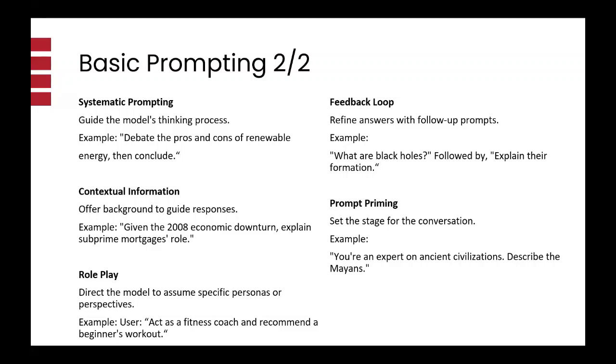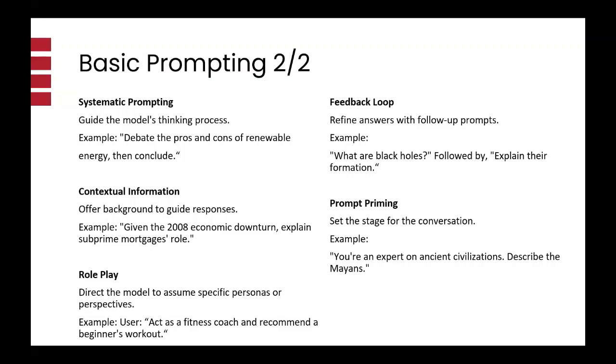You need to give the context, then you would get the answers based on that context. Here is another example. Given the 2008 economic downturn, explain the subprime mortgages' role. So now the AI understands that the context is the 2008 economic downturn, and it needs to give the answers according to our context. Then role play, this one also we have seen.